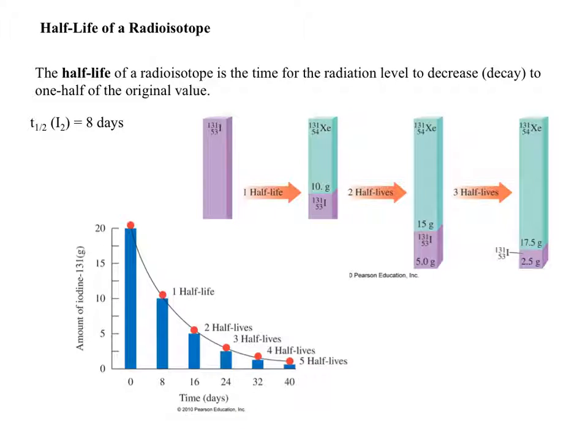I think my numbers are a little off here, you guys. Okay, so what we've got going on here, because this is a little confusing, I'm starting with iodine 131, which just happens to be the unstable radioactive isotope that's used in thyroid diagnosis and treatment.